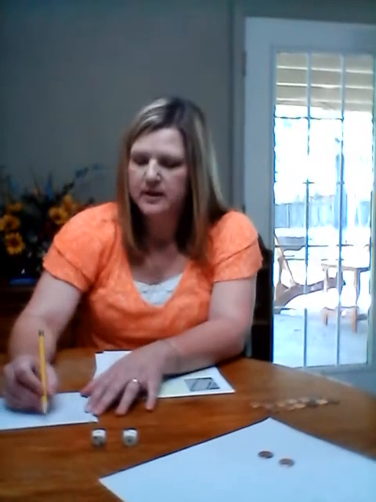Now, what if your left dice landed on a 2? You could have 2, 1, 2, 2, 2, 3, 2, 4, 2, 5, and 2, 6. And if your left dice was a 3, you can have 3, 1, 3, 2, 3, 3, 3, 4, 3, 5, and 3, 6.